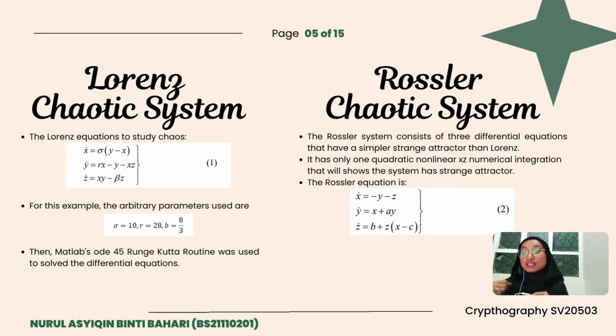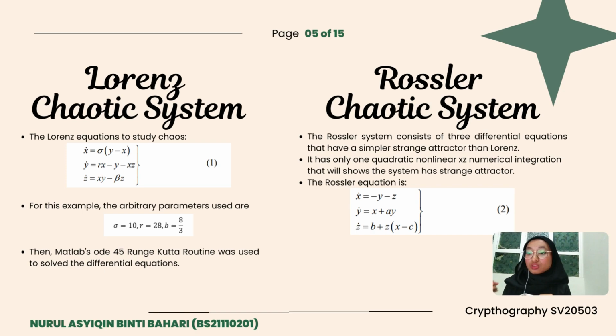We move to the Rossler chaotic system. This system consists of three differential equations that have a simpler strange attractor than Lorenz. We can say that it's a system of three non-linear ordinary differential equations.